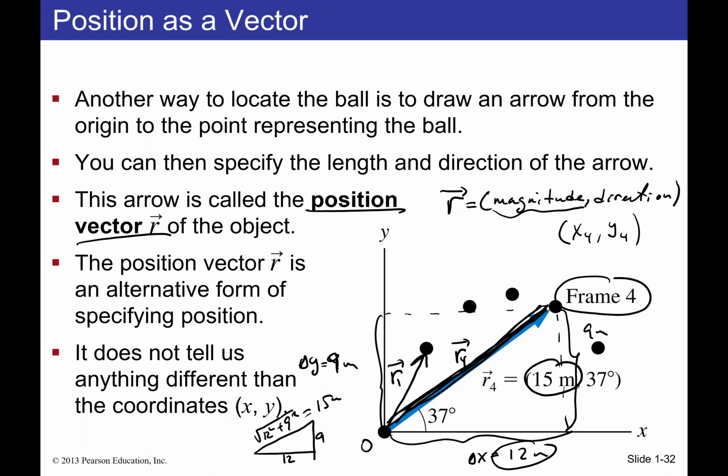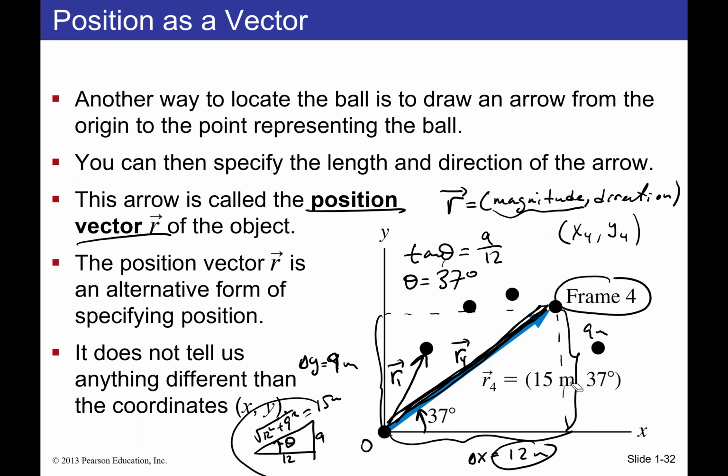Now, how do we represent the direction? Well, one of the things we learned from the Pythagorean theorem here is we can also find the angle theta of that hypotenuse relative to the adjacent and opposite sides, which means we can use tangent of theta, which will be 9 over 12, and then finding theta from inverse tangent, we can find this to be 37 degrees. And that's how we get that 37.